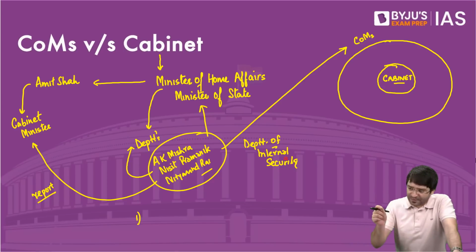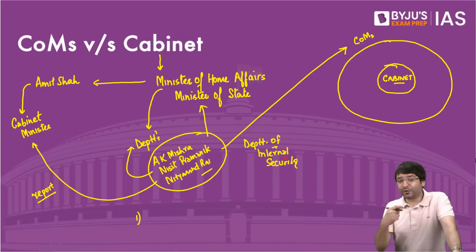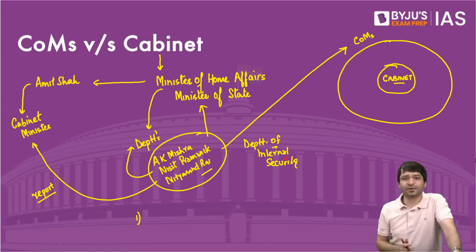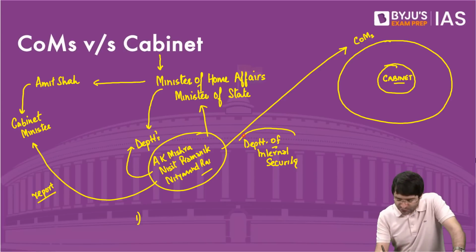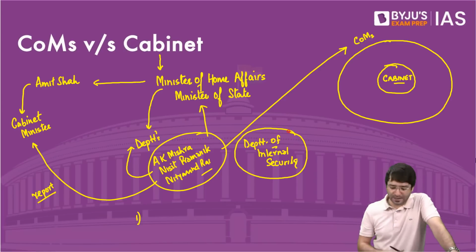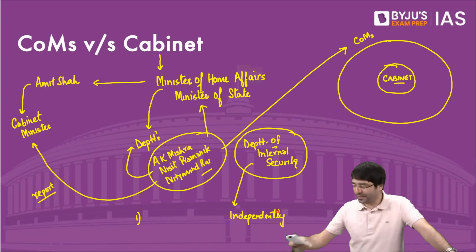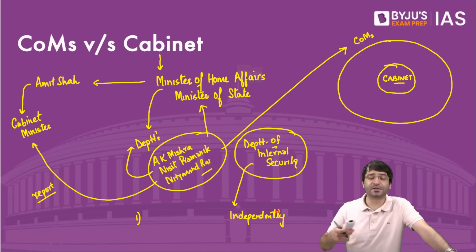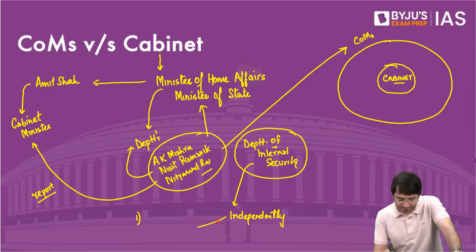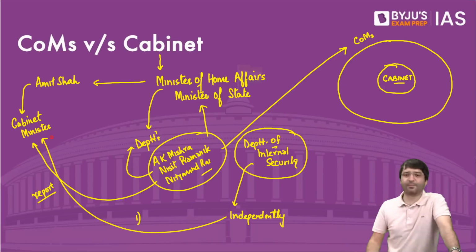Now, what if the Prime Minister decides that you will not head the entire ministry? You will be in charge of only this department, Department of Internal Security. But you will handle this Department of Internal Security independently. What does that mean, handling it independently? That means without me reporting to the Cabinet Minister.